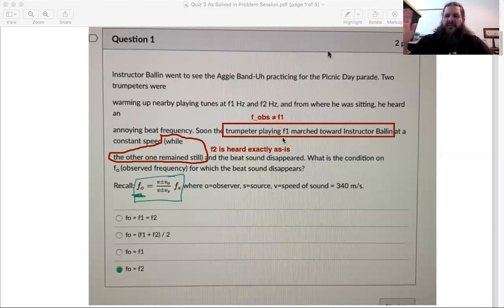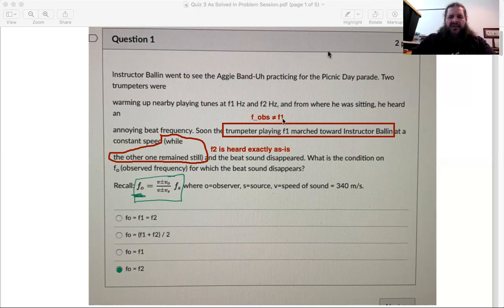Because if you imagine the source is moving very fast, then the wavefronts it's creating in front get bunched close together because the source is moving forward. The wavefronts coming out the back get more spread out because the source has moved. So the motion of the source means that the observer is hears a frequency that's different from the frequency that the source is producing.